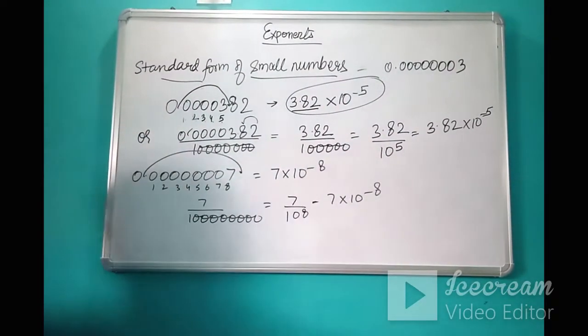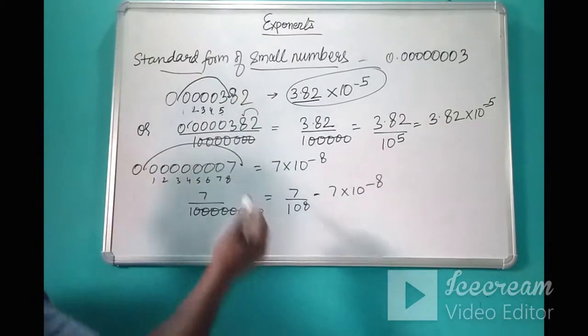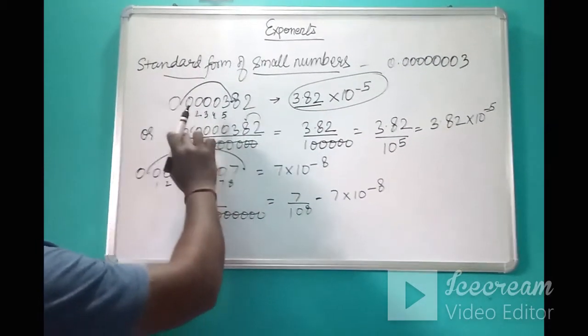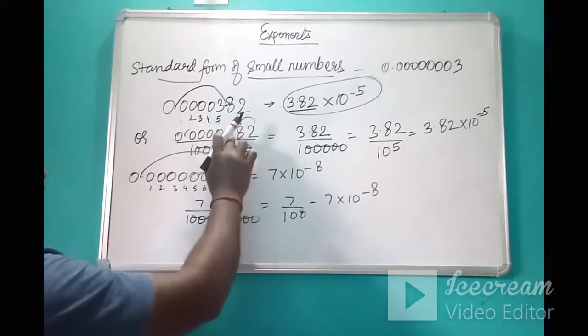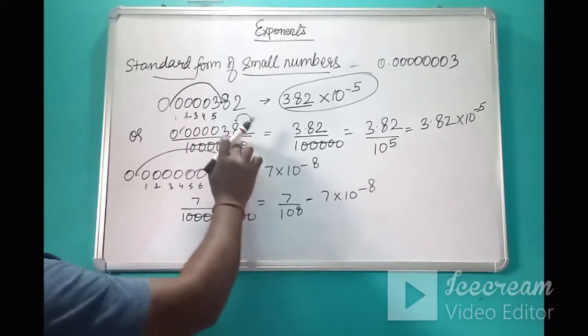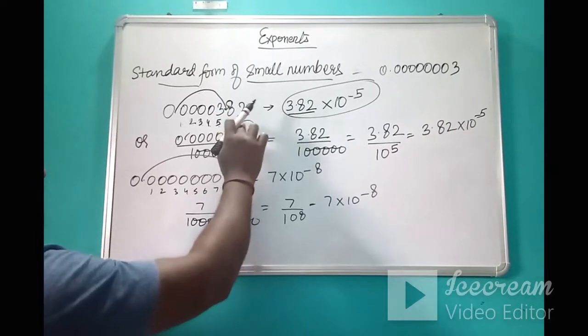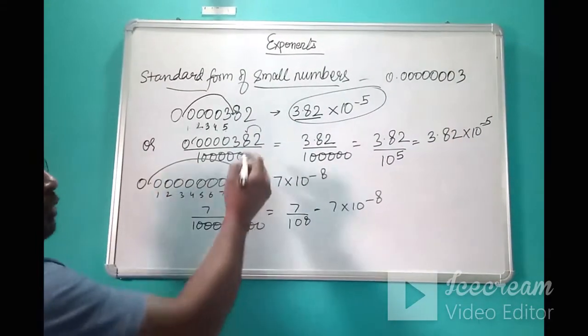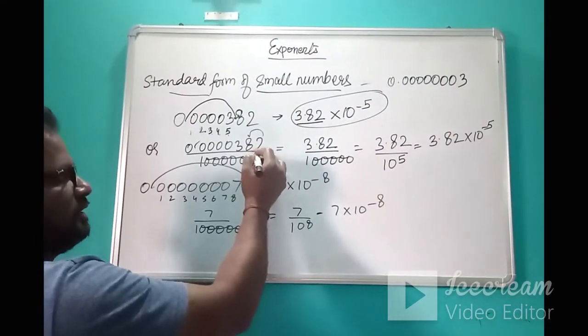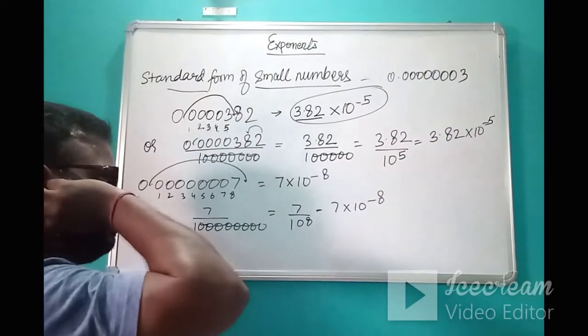Okay. Or if you did not understand, one more method is there. You can remove the zeros. Then you will count, you have 7 zeros here. Then you will take the 2 zeros from the last so that only one digit is there before the decimal.